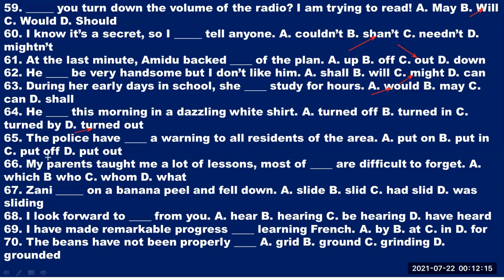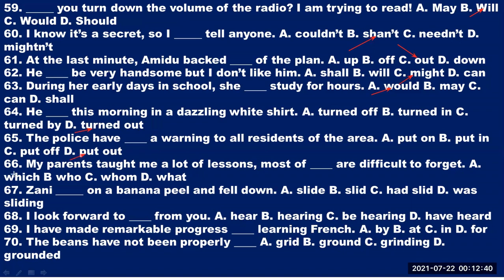C, put off, when you put off a scheduled event, you postpone it or you delay it. So put out is appropriate. This also has a shade of meaning similar to broadcast. When you make something known to the public, you put it out.